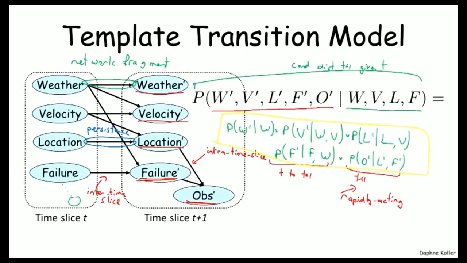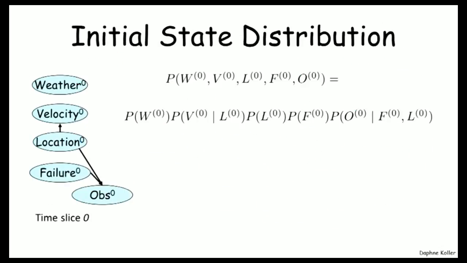This is because the model doesn't actually try to represent the distribution over W, V, L, and F. It tries to represent the probability of the next time slice given the previous one. So as we can see, this graphical model only has CPDs for a subset of the variables in it, the ones that represent the next time point. So that represents the transition dynamics.